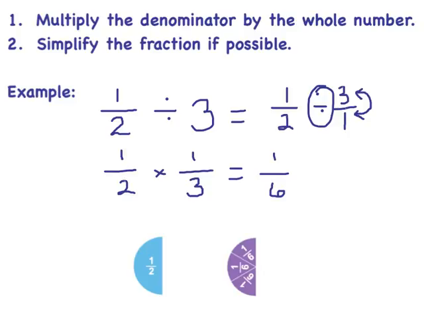So if I were to say 1/2 times 1/3, I would multiply my numerators, and 1 times 1 is 1, and then 2 times 3 is 6. So if I had my 1/2 of a pizza and I wanted to divide it or share it with 3 friends, they would each get 1/6 of the pizza, 1/6 of that entire pizza.